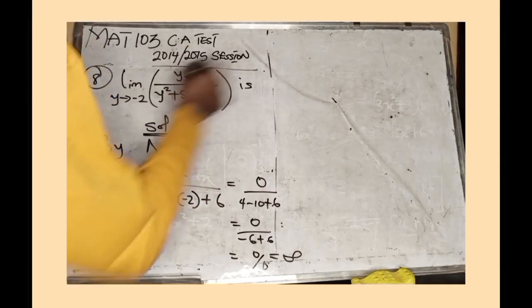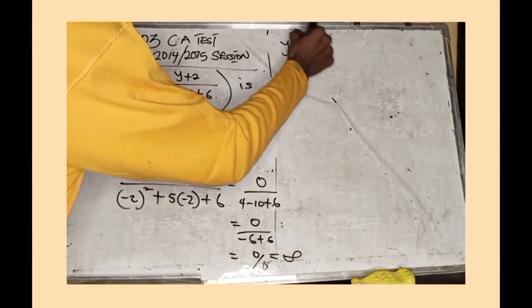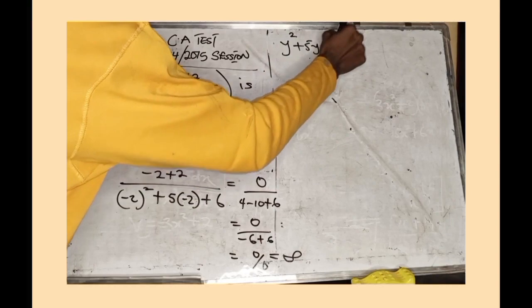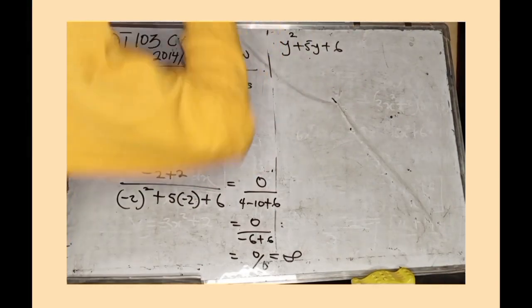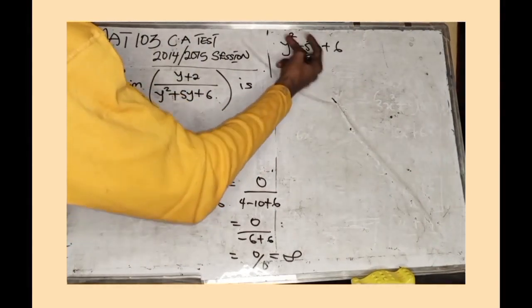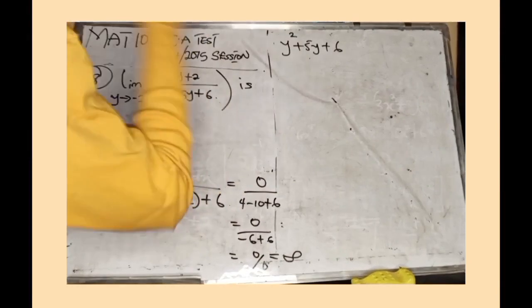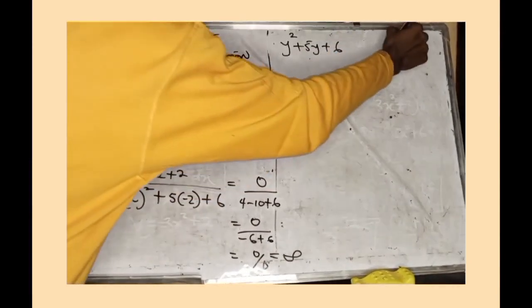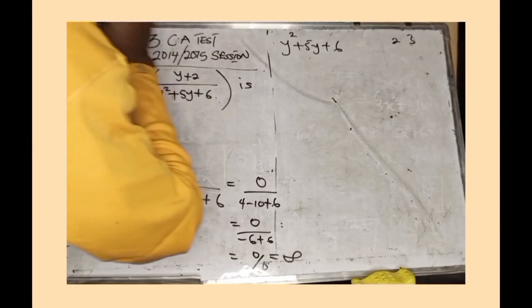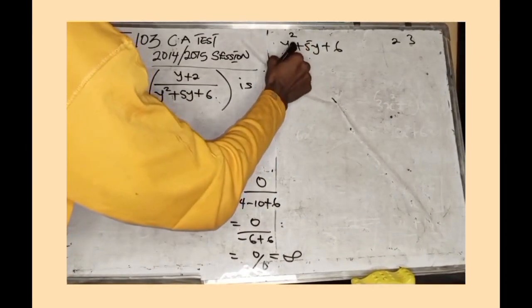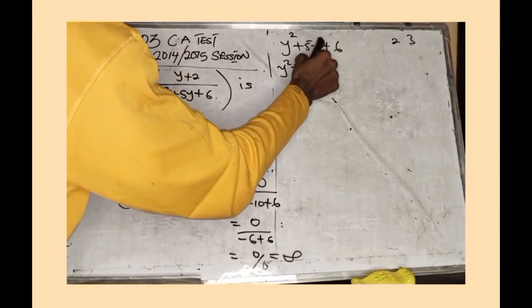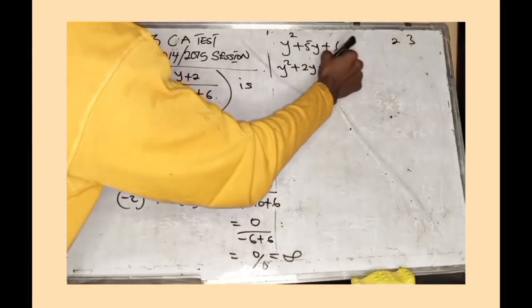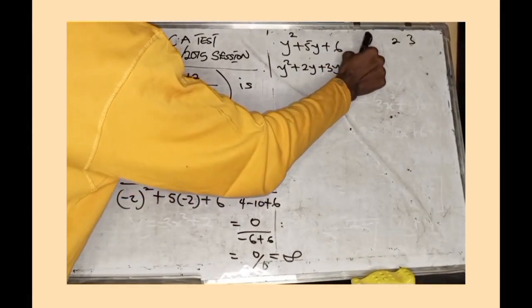That is the denominator. We have y squared plus 5y plus 6. Let's factorize this expression. Definitely the factors of 6 that will complement this system will be 2 and 3. So I'm having y squared plus 2y, then plus 3y, then plus 6.